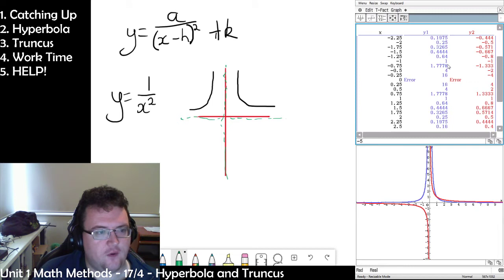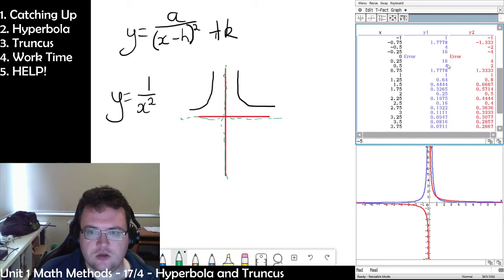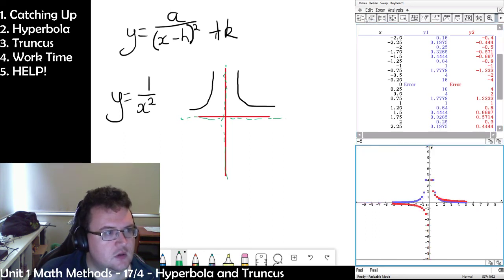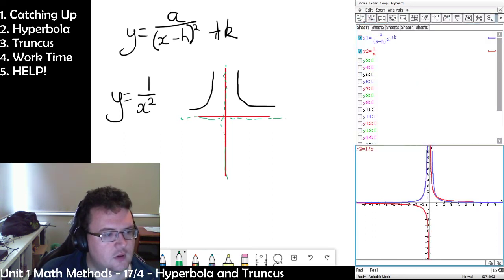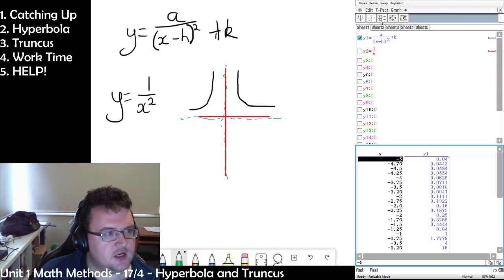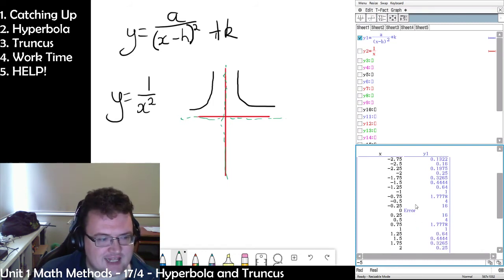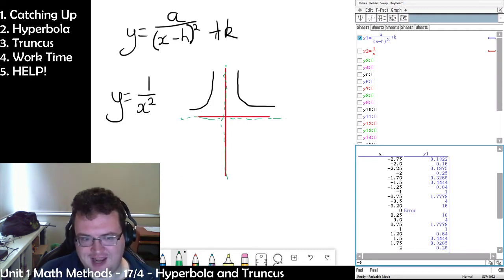As you can see, for our graph, it has that error at the asymptote still. The error just simply means that's where the asymptote is, because you cannot divide by 0.